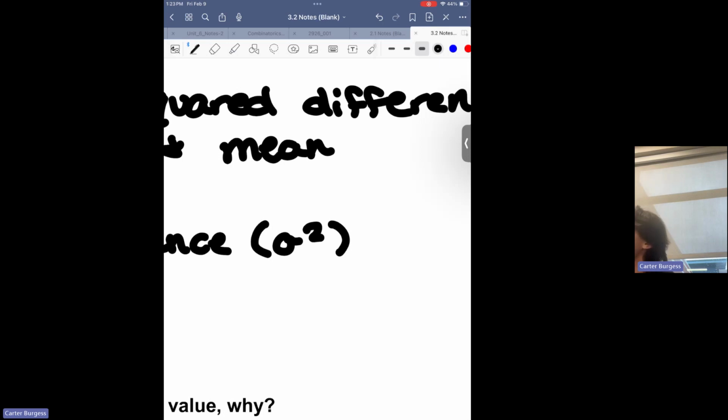Importantly, sigma squared is literally variance, right? We're not going to square our formula. The squared is built into the variance. We're squaring something else. That's something we're going to talk about momentarily.